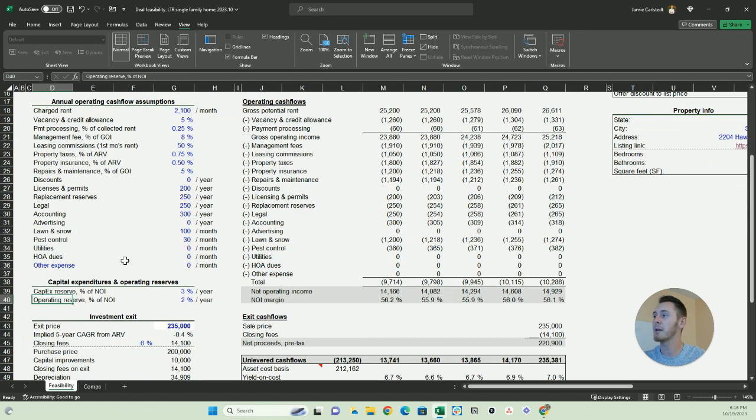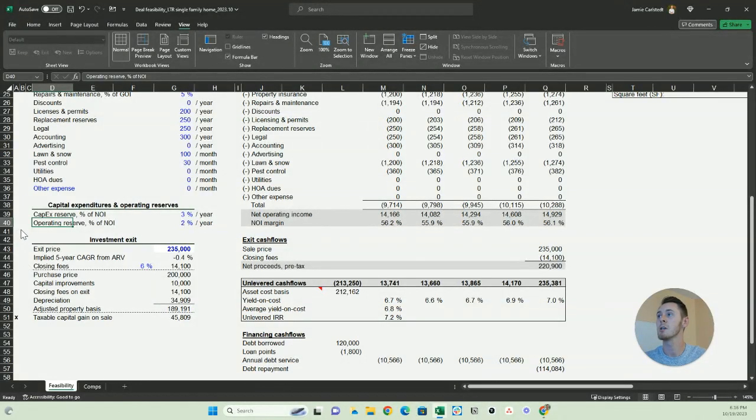So then your capital expenditures. The capital expenditures are the work in order to improve the property per year. Again, this is just going to be a reserve or an assumption to give you some cushion in case something happens. So let's say CapEx, I'm going to leave that at about 3% per year of NOI, which is your net operating income.